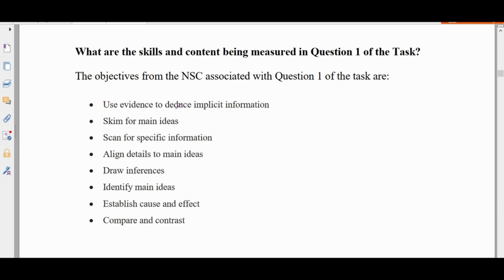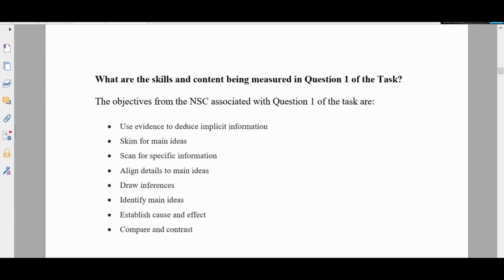Use evidence to deduce implicit information. Now, what do they mean by implicit information? From our textbook, we know that implicit information is information that is implied. It may not be stated directly, while explicit information is that information that is stated directly.